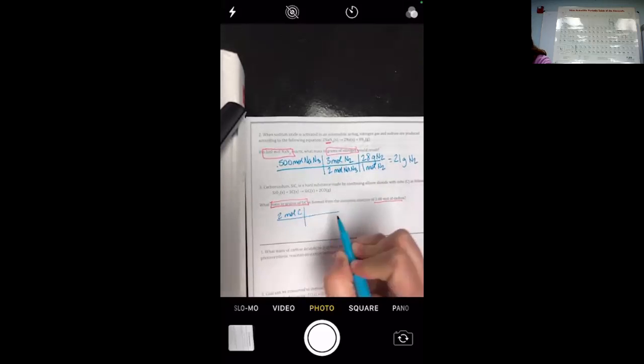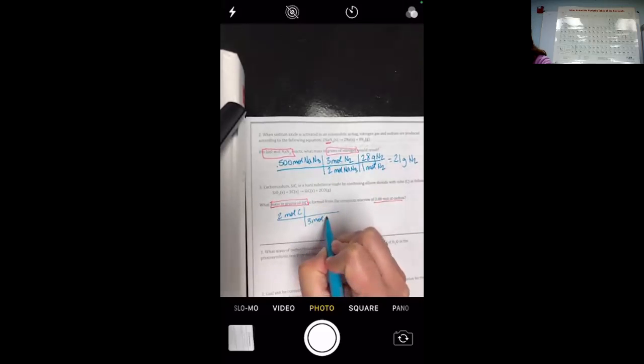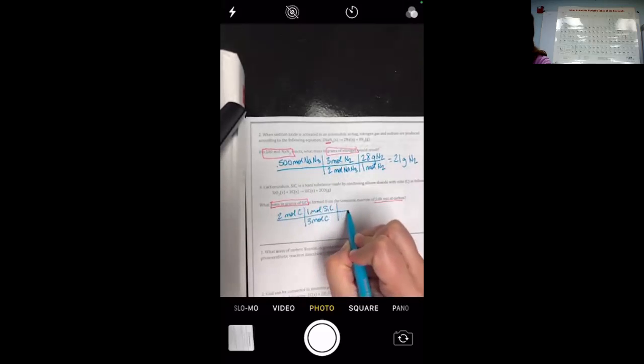Mass in grams of carborundum. That's fun. From the 2 moles of carbon. So 2 moles of carbon. 3 moles of carbon to 1 mole of SiC. 1 mole of SiC is silicon, which is 28, plus carbon is 12, is 40.